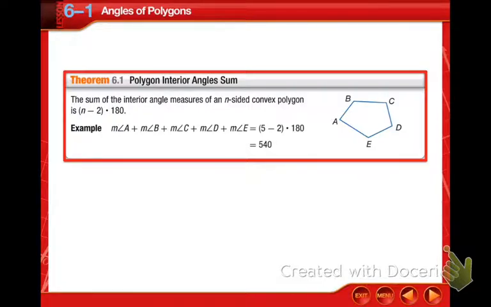So an n-sided polygon has the sum of the interior angles equal to n minus 2, in parentheses, times 180. So for example here they have a pentagon, so 5 minus 2 times 180. 5 minus 2 is 3. 3 times 180 is 540.